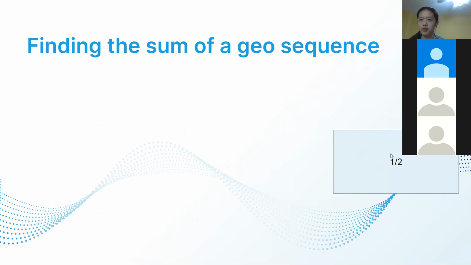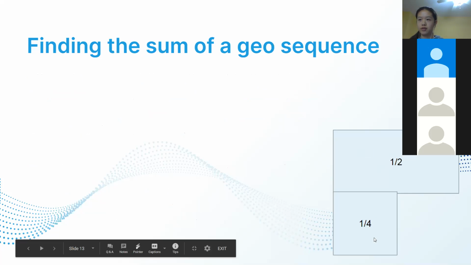Now, if we add another rectangle, or in this case a square, with an area of 1/4, this side is going to have a length of 1/2, and this side is going to have a length of 1/2. If we keep adding, now this rectangle will have an area of 1/8. Now we can add a square with an area of 1/16. And now we're adding a rectangle with an area of 1/32.